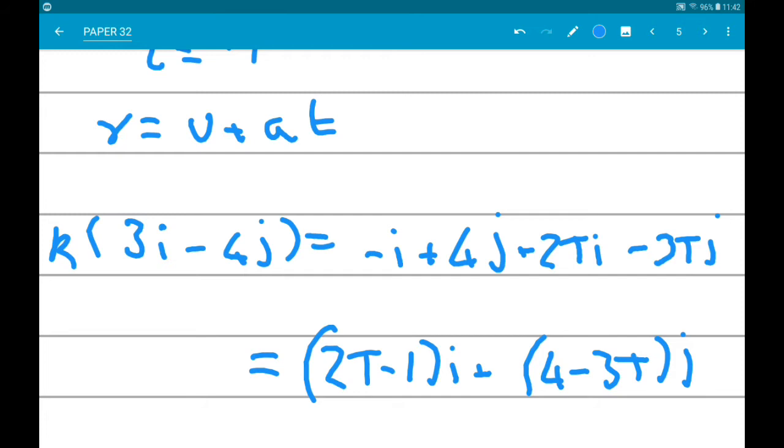What we do know though is that the i and j components are in the ratio 3 to minus 4.